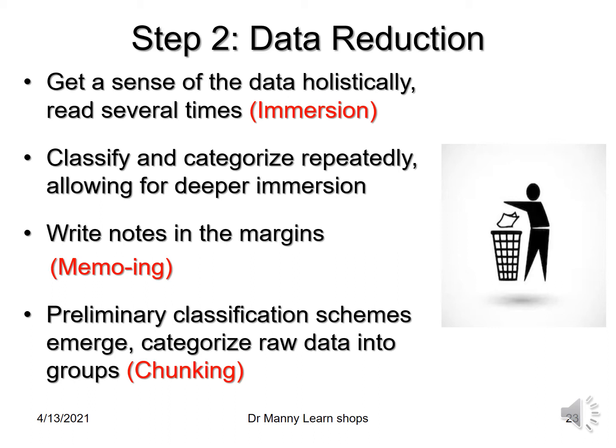You're writing memos to yourself so that you become more familiar with your data and maybe revisit certain concepts down the track. This is the preliminary classification of schemes or themes or categories that emerge, and this is where raw data is put into groups, which we call chunking, and categories.